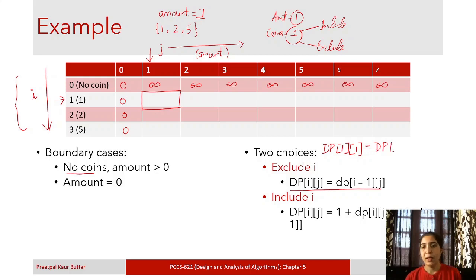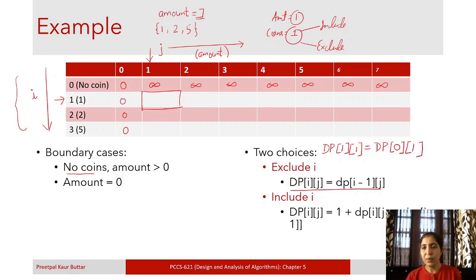So its solution will be the number of coins needed by you will be equal to the number of coins you needed in the previous step. So what is the previous step? That is I minus 1, when you used a previous coin, right? So I minus 1 is 0 when you used no coin. Okay, and the amount was same, the amount was 1.